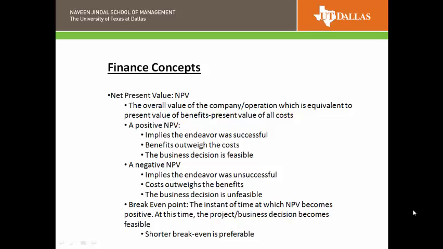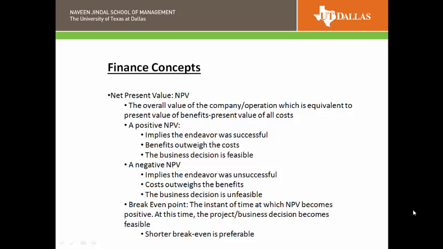If the value of NPV is positive, it shows that the benefits outweigh the cost, and therefore we can go ahead with implementing the project. On the other hand, if the value of NPV is negative, it shows that the cost outweighs the benefit, and therefore the business decision is unfeasible.